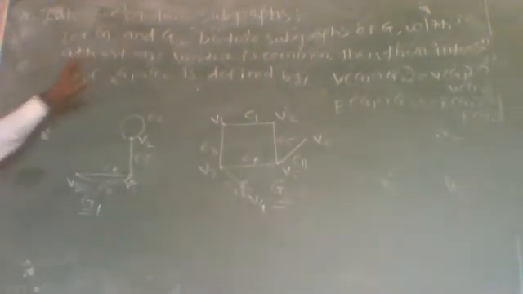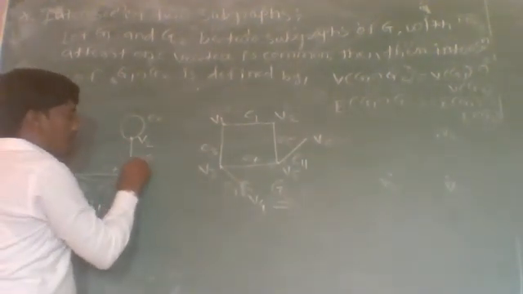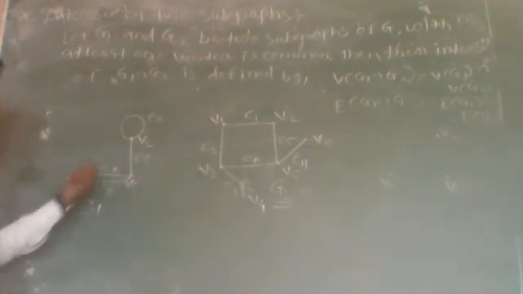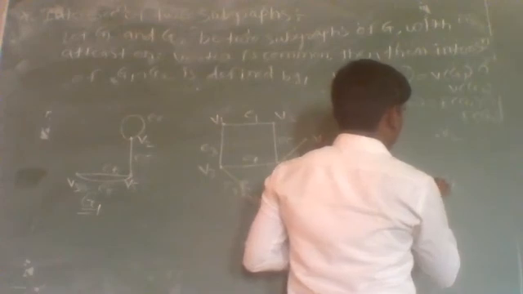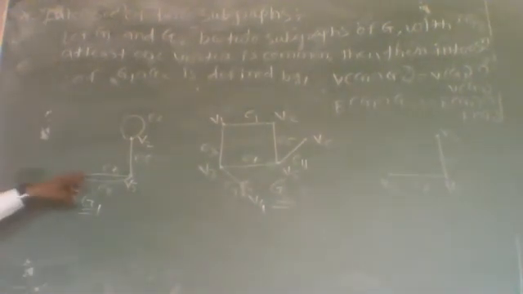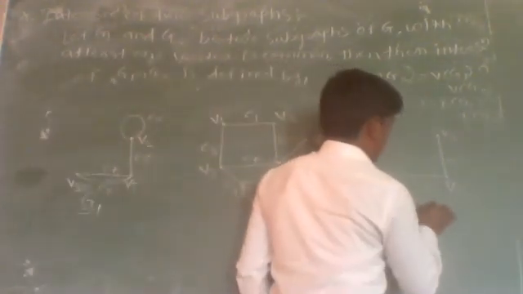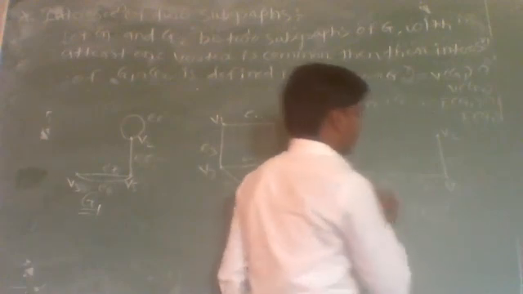Edge E5 is in both the subgraphs. Similarly E7. So here is E7 and this one is E5. There is no edge other than E5 and E7 which is common in both the subgraphs. So this one is the subgraph G1 intersection G2.